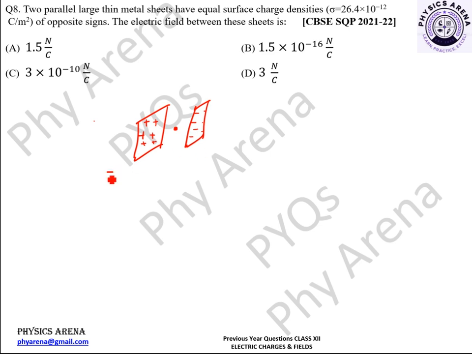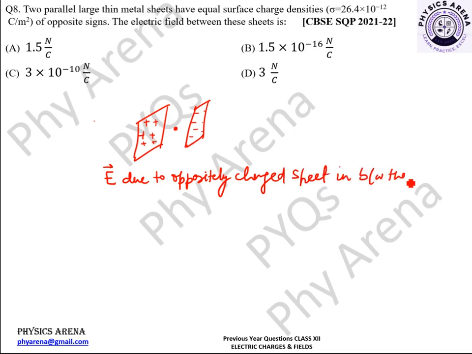So we know that electric field due to oppositely charged sheets in between them is given as E equal to sigma upon epsilon naught. We know the value of sigma, it is given to us, 26.4 multiplied by 10 to the power minus 12, and epsilon naught is 8.85 multiplied by 10 to the power minus 12.